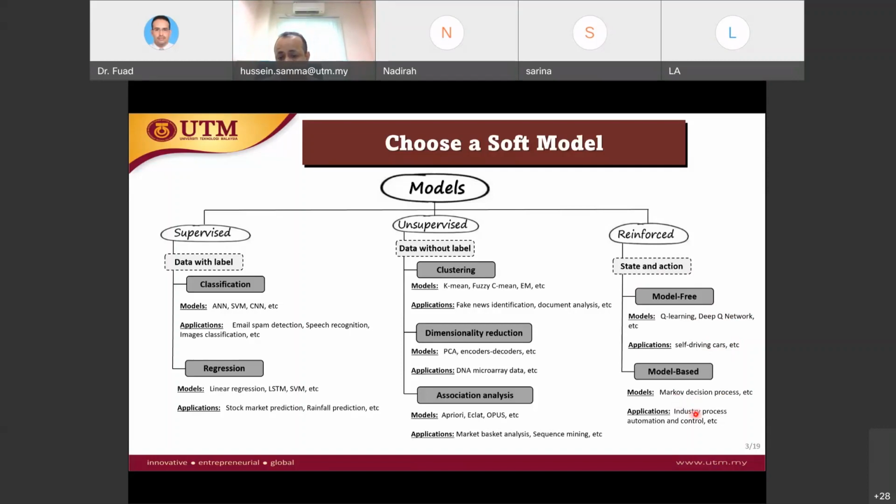As an example of model-based applications, we have industry process automation control and so on. Of course, there are many models; I'm just trying to highlight the most commonly used. So once you have figured out your model based on your problem, you now know what kind of model you need to use in your approach.